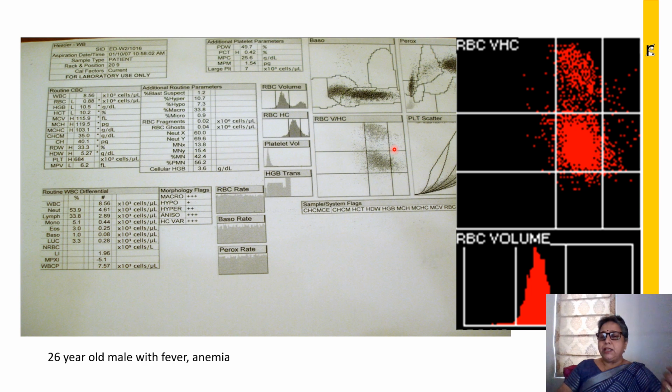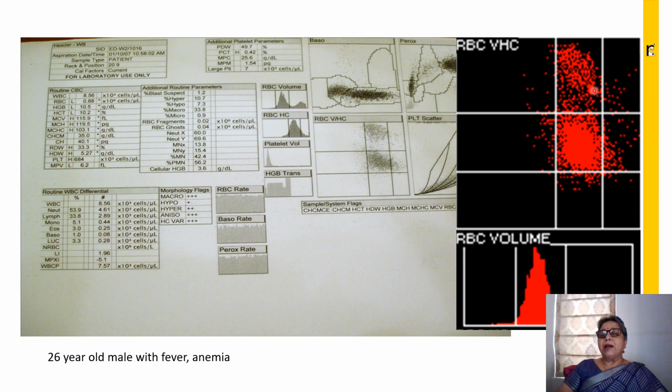So when we feed these tubes into the cell counter, apart from the MCV and MCH not correlating and the hematocrit not correlating, where the numerical values don't make sense at all and you don't know how to release this, looking at the scatter plot, looking at the histogram tells you that there are two distinct populations, one of which is macrocytic, and that macrocytosis is not true macrocytosis, but it's because of red cell agglutination.